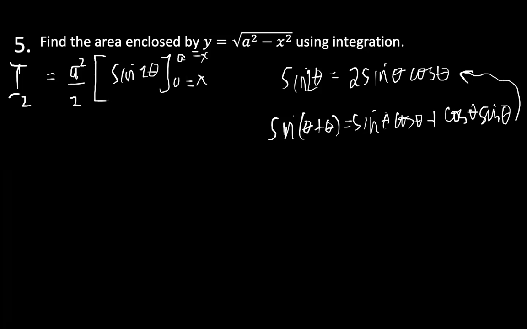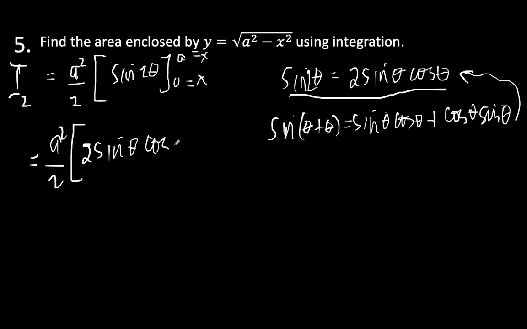So therefore, we can use this identity to solve for this. All right, so now we have a square over 2 times 2 sine theta cosine theta, evaluated from 0 to a, where a equals x and 0 is equal to x.